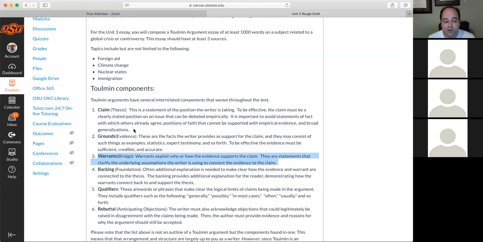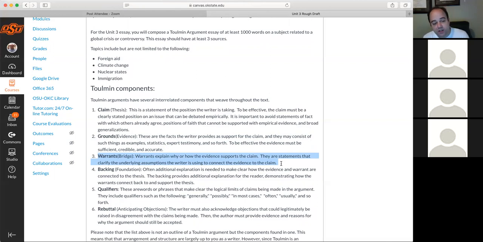You're talking about how it helps reduce the number of cases, helps keep hospitals from being overwhelmed, et cetera. The warrant there is that measures like that are within the scope of what a government should do. And this is a step in Toulmin where you create a bridge for how the evidence connects to the claim.